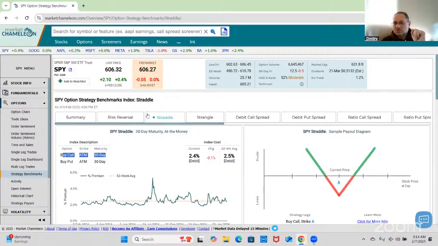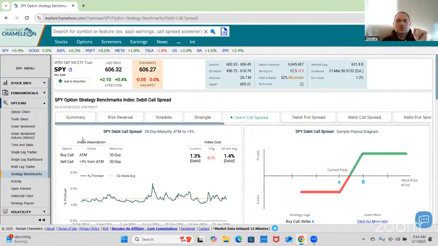So let's say if you did a call spread, it would be buying on a 30-day constant maturity, at the money, and here selling a 5% out of the money, the cost of that. So that's the idea behind benchmarking the cost of strategies.